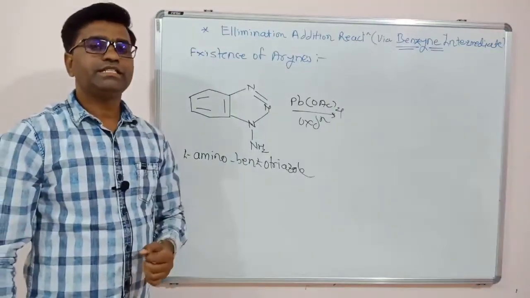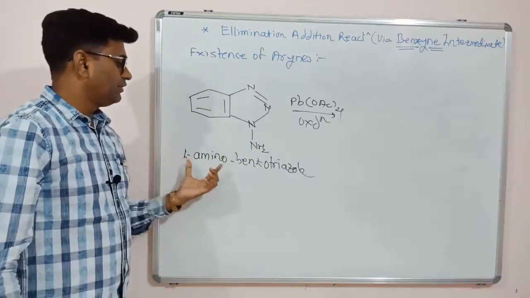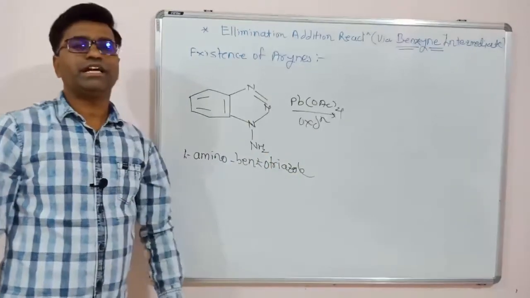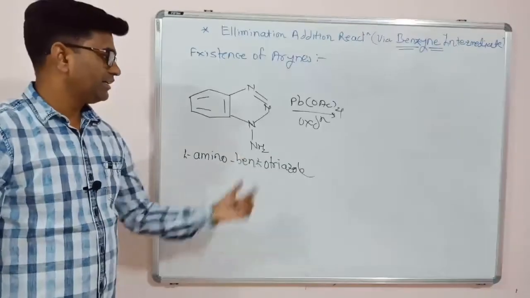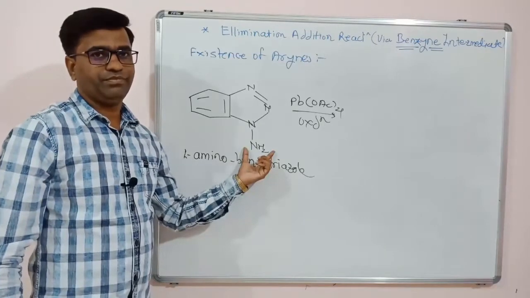Friends, on an industrial scale, benzynes are formed from 1-aminobenzotriazole by oxidation with lead tetraacetate. Because of this oxidation with lead tetraacetate, this primary amino group is converted to the nitrene.